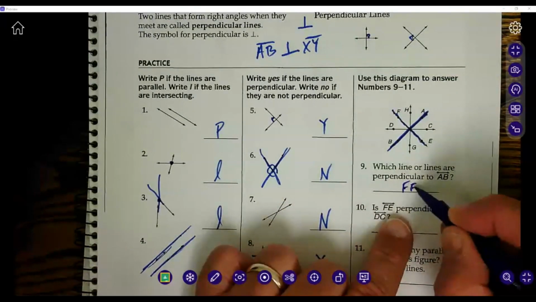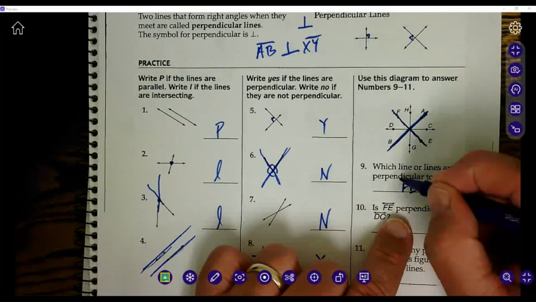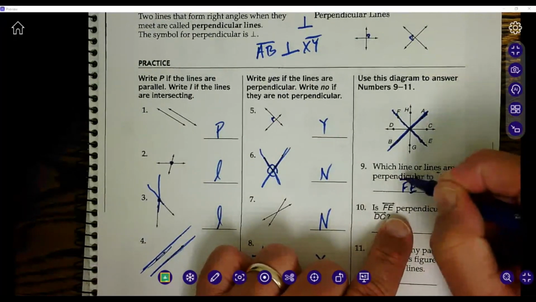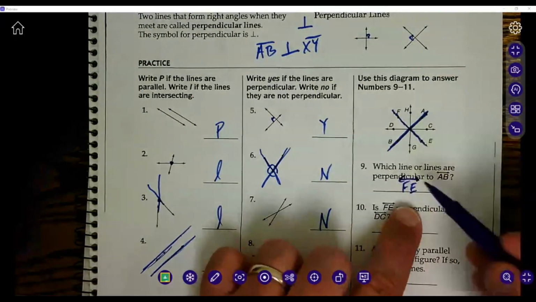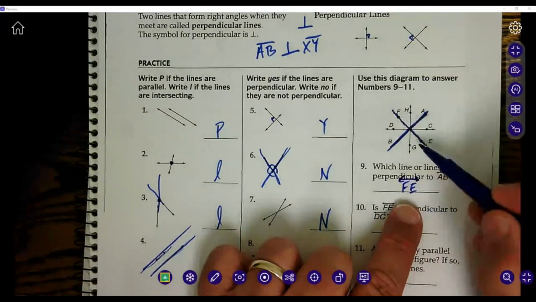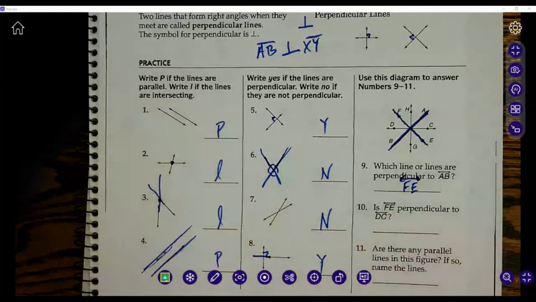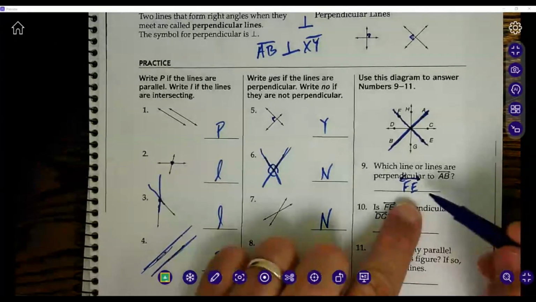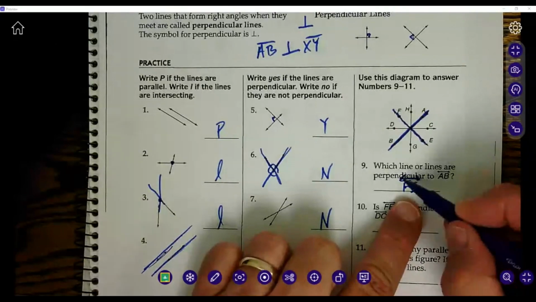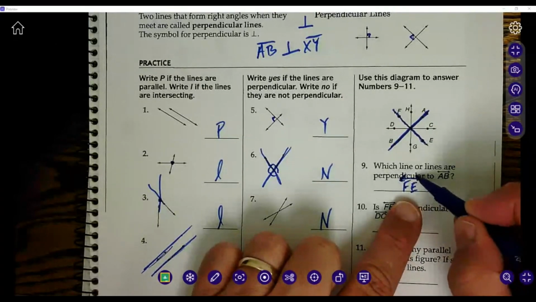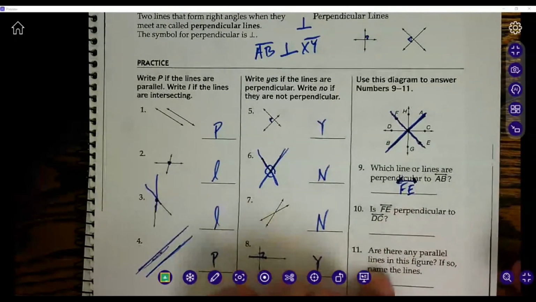The way we denote a line is you put a line hat over the top of the letters. So you pick 2 points that are on the line, and the line hat is a little teeny tiny line that goes over the top of the letters with arrows on the end to indicate that that's a line.